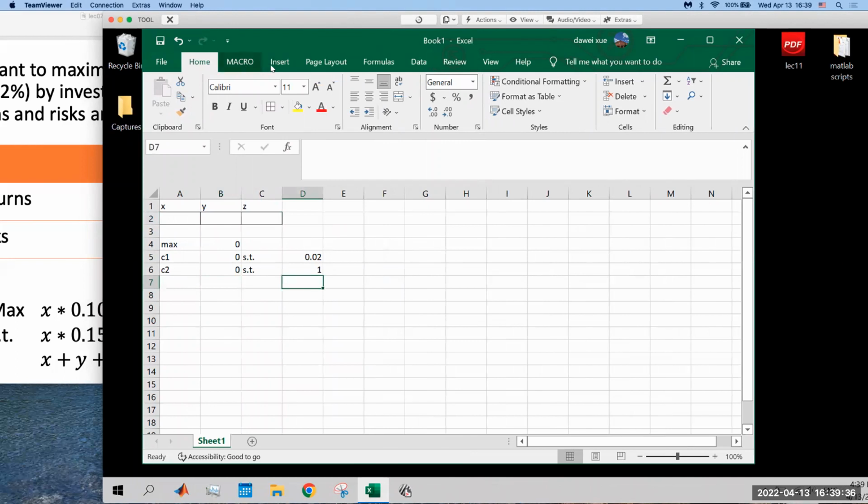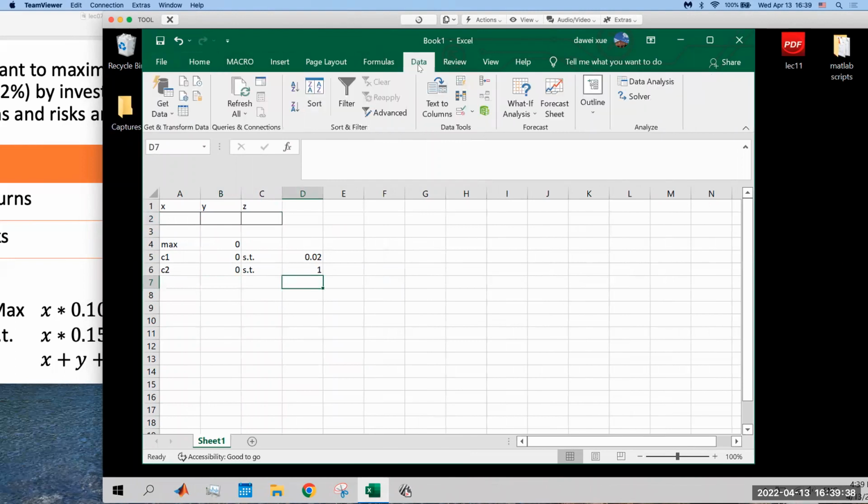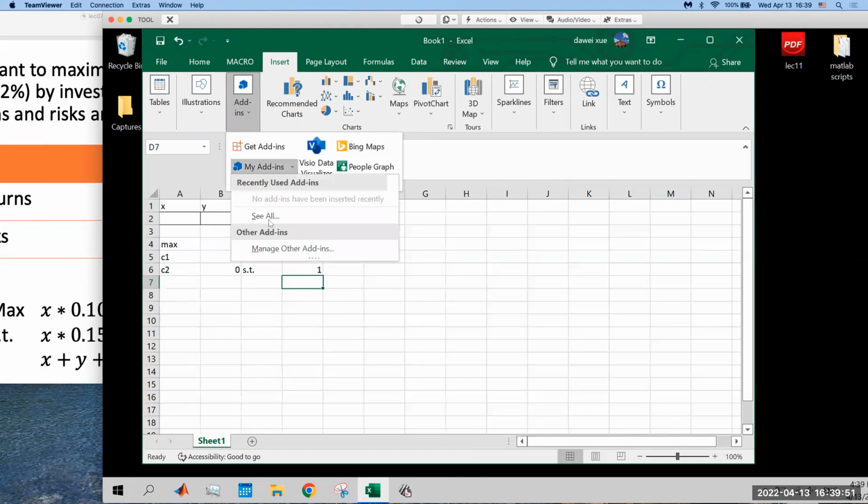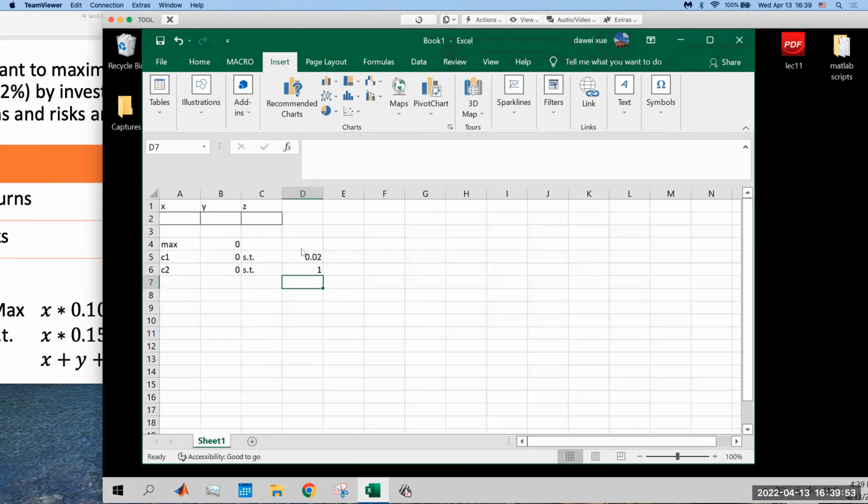So you're going to find the solver under Data. But if you don't see that, you can go back to Insert, go to the add-ins, my add-ins, and go to manage other add-ins.